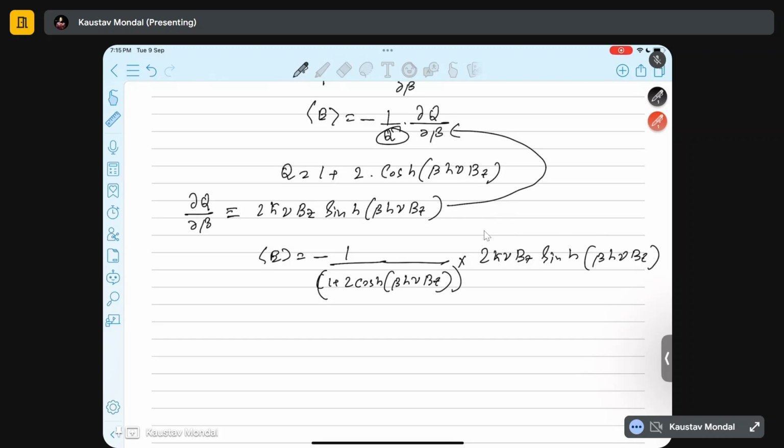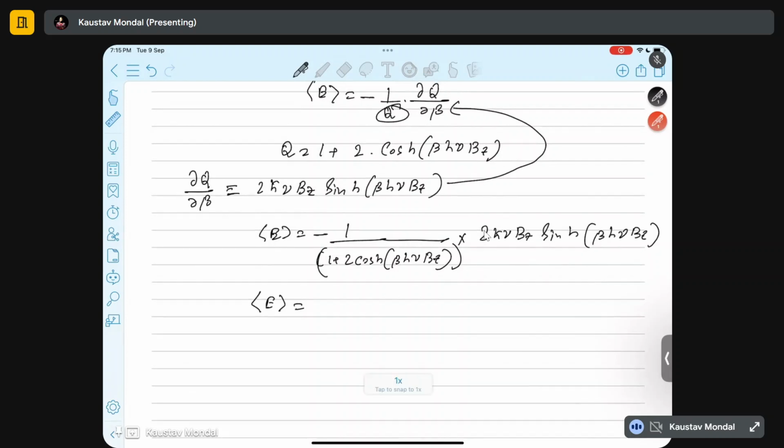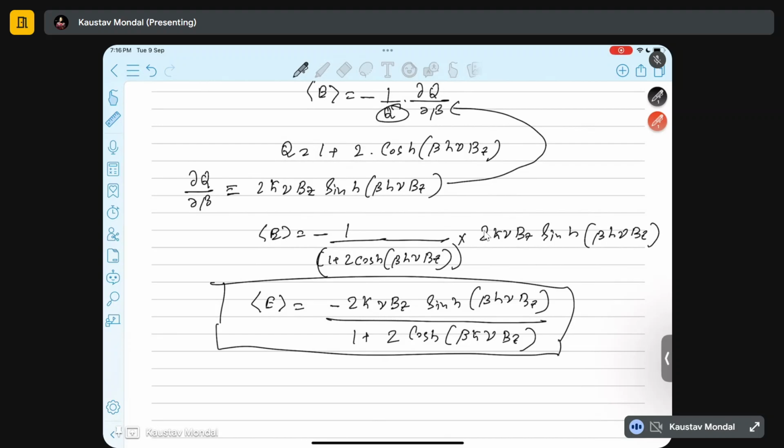So the average energy would be minus 2 h cut nu Bz sine hyperbolic beta h cut nu Bz by 1 plus 2 cos hyperbolic beta h cut nu Bz. This is the expression of the average energy for the system.